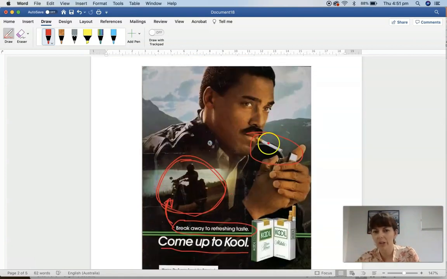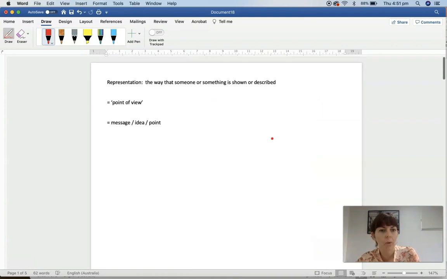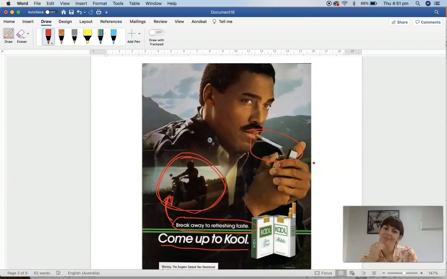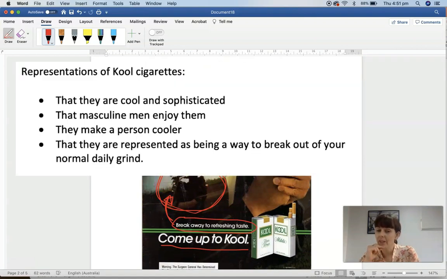Even with hardly any words, I could say that the message about Cool Cigarettes is that they are a sophisticated brand of cigarettes, that masculine men enjoy them, that they make a person cooler, and that they're represented as being a way to break out of your normal daily grind.